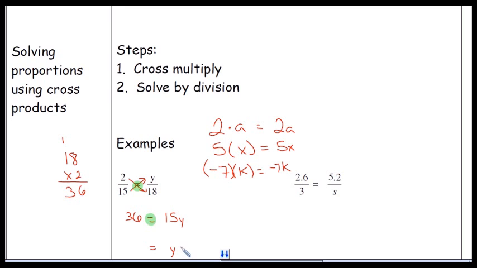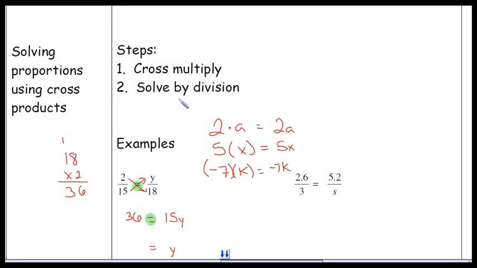Well, what do I mean by that? I mean that I have to get rid of that 15 so that I can get a statement that says y equals something. And that would be my answer because I'm trying to look for y. So if I get to this last step where it says y equals, I don't know, 20, then y will be equal to 20, right? Well, in this case, it's not going to be 20 because I know 20 times 15 is not going to give me 36.